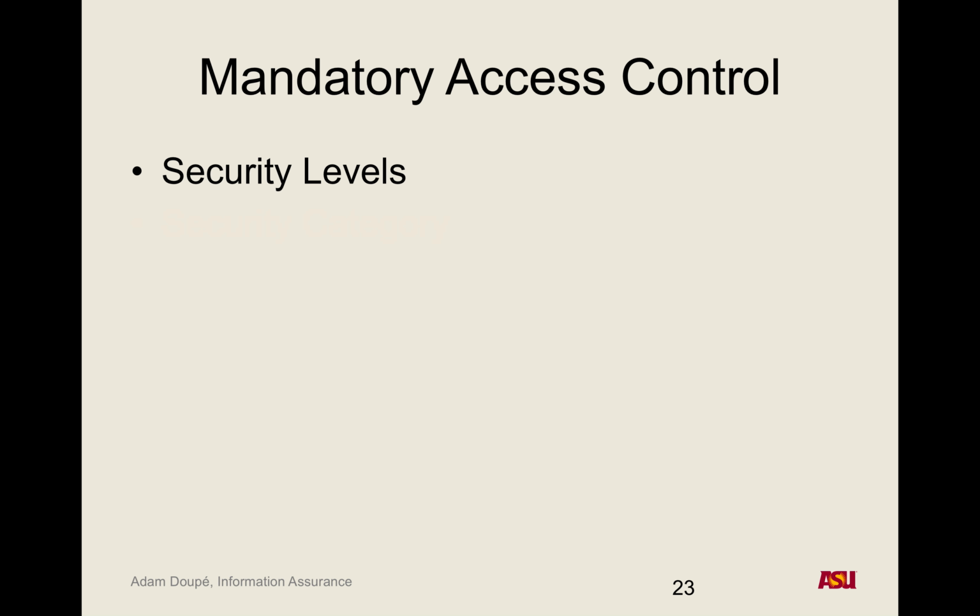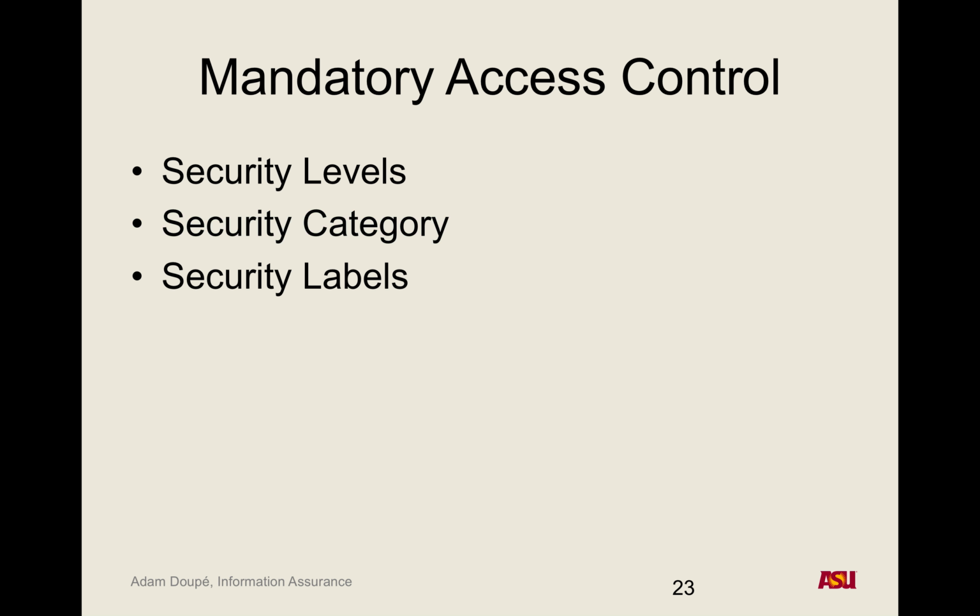Fundamentally, if we just think about it in terms of these levels, we've talked about expressivity. That's not enough to express this notion of, but you don't need access to all top secret information if you have access. Maybe categorize it then? Yeah, so then we have security categories, exactly. Another way to think about that is in terms of labels.